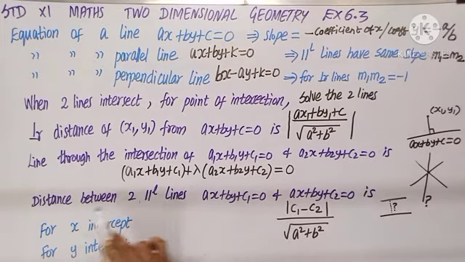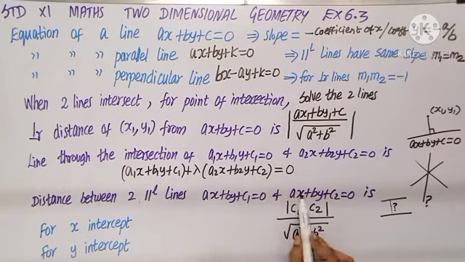Whenever I want the distance between two parallel lines, check that x has the same coefficient and y has the same coefficient, and only the constants change. So the formula is c1 minus c2 by root of a square plus b square.